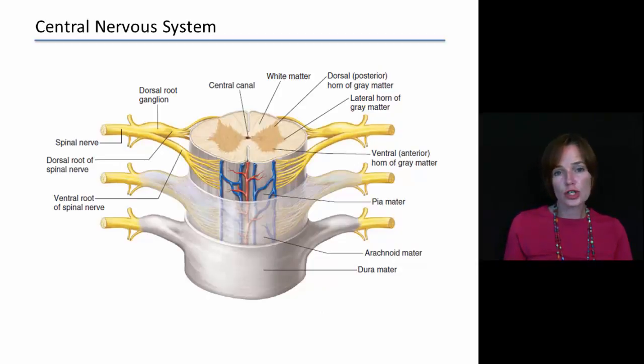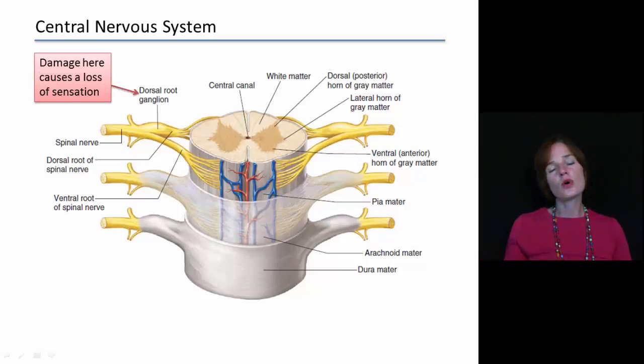If we take a closer look at the spinal cord, we can see that this is composed of white matter and gray matter, and we have different nerves coming in, or ganglions coming in and out. The dorsal root ganglion is the one that is really responsible for sensation. So this is carrying information to the central nervous system.